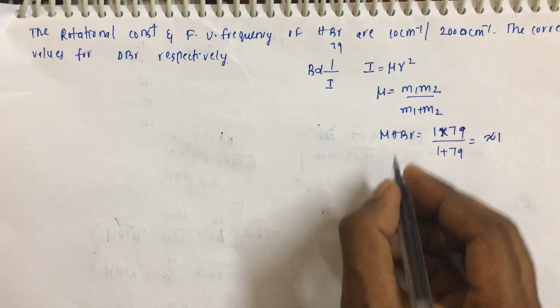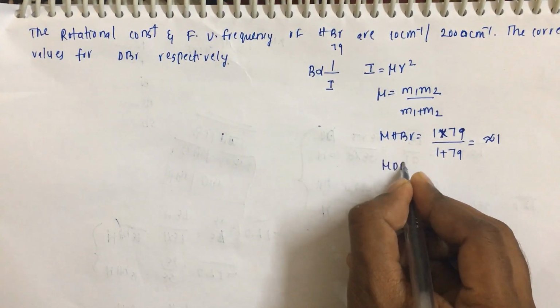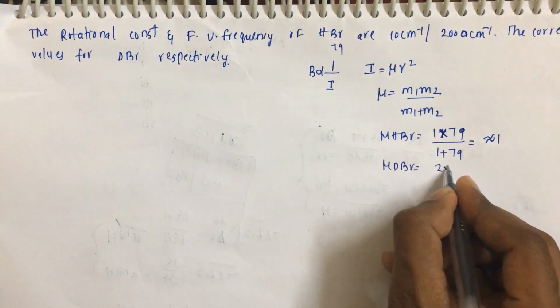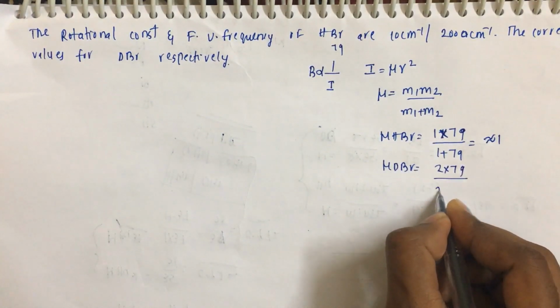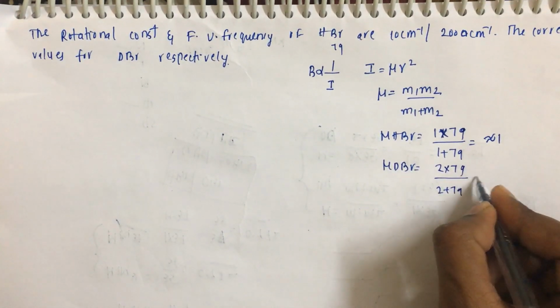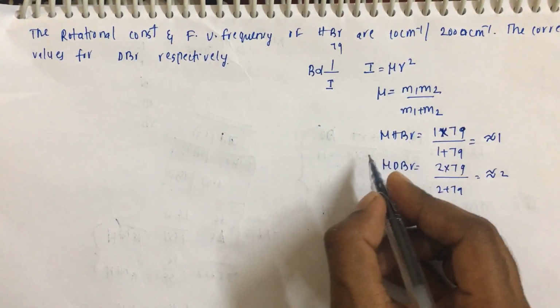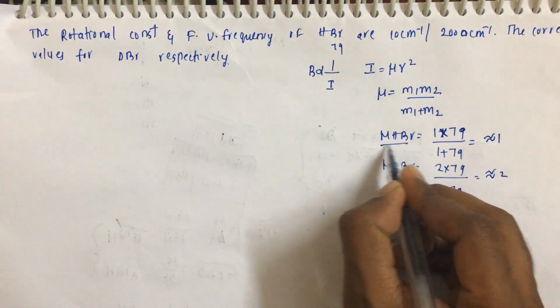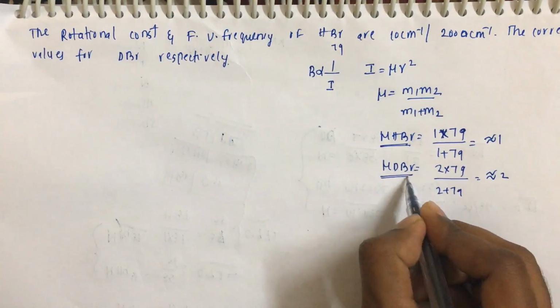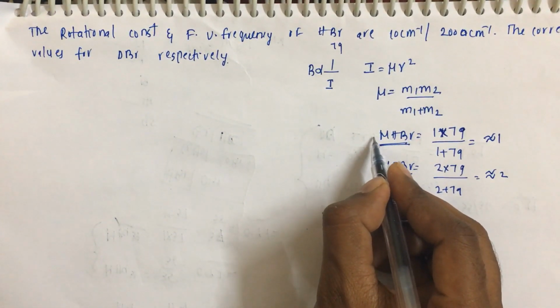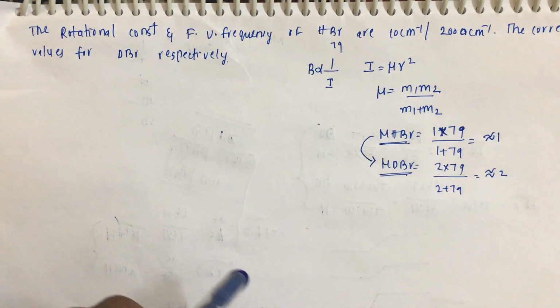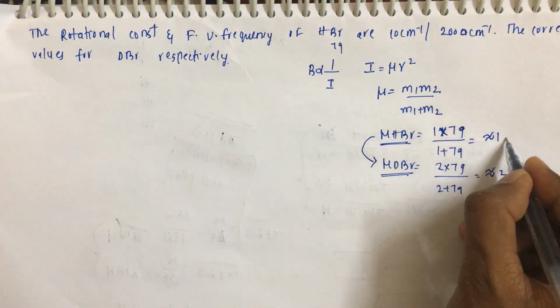And for DBr, 2 into 79 by 2 plus 79. So this comes close to 2. And here see the difference for HBr and for DBr. It means the mass is almost double here. From here to here mass is double, here 1, here it is 2.